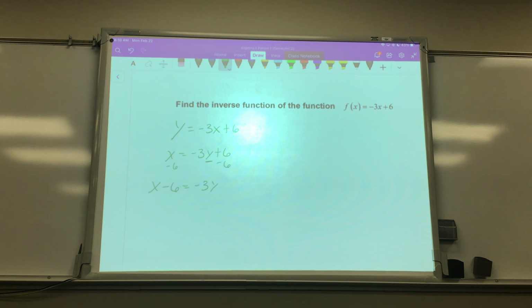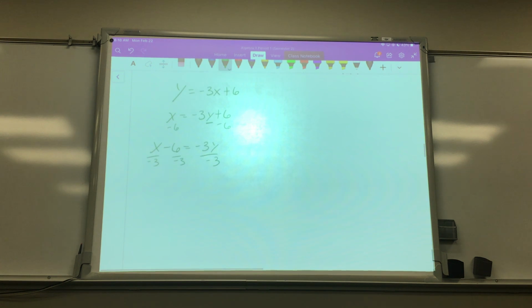Next step, Caitlin? Divide by negative 3. And just do it to each term, right? Because if things simplify, it's easier to see that way. And x over negative 3, what is that? Mara? Negative 1/3 x. Negative 6 over negative 3, that's going to be plus 2. Can I leave it? Am I done? What's the last thing I need to make sure of?